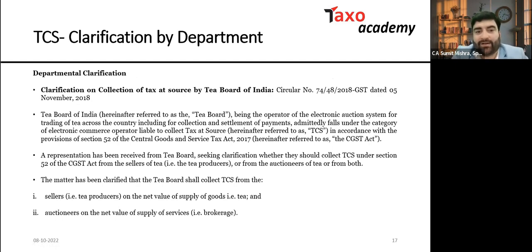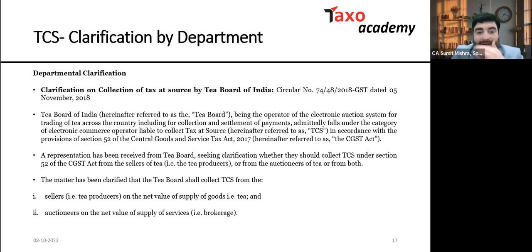If somebody is dealing in a particular case, like sellers being routed through the Tea Board of India, they have created a platform where auctions are taken for tea, like in Assam or in Kerala. So people come from there selling their tea over there. In that scenario, the Tea Board is collecting some brokerage amount, or suppliers are selling their products on that particular platform.